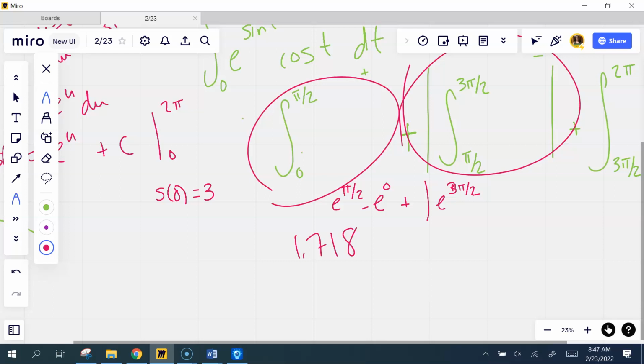On that middle interval, they did something with subtraction? I would never do anything with subtraction on those. Like the answer is 2e minus 2.